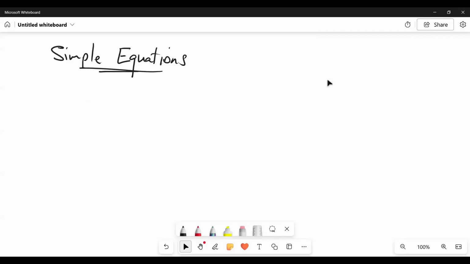So good afternoon to everyone. We're going to look at simple equations this afternoon. Sometimes the textbook will qualify this a little more and say simple linear equation, right? Linear meaning that somehow you can relate it to a straight line.